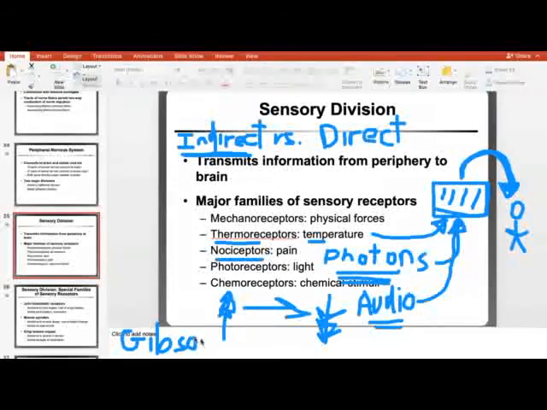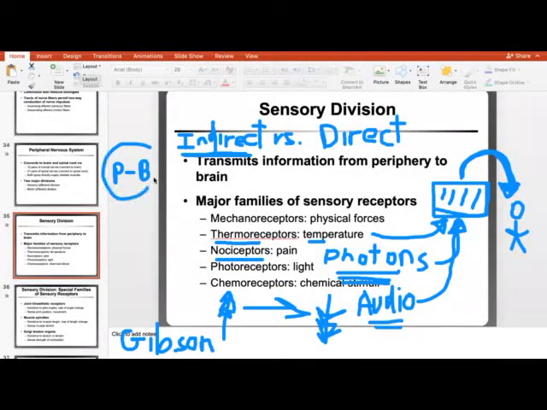James J. Gibson says that right now, this photons and stuff, it's interacting like, here's a photon, here's a brain, and when they're connected, they make a photon brain system, and what emerges from that photon brain system is this, perception.